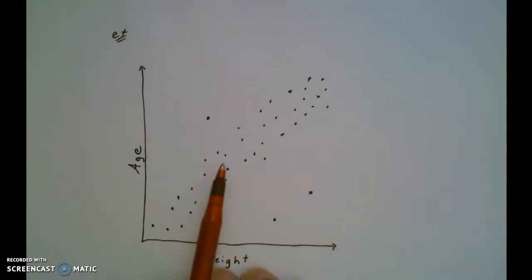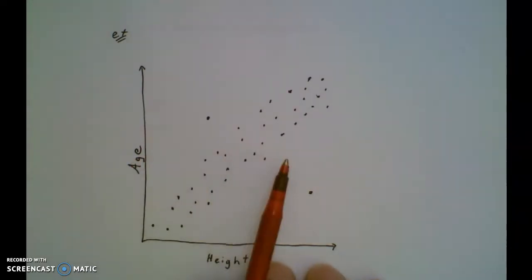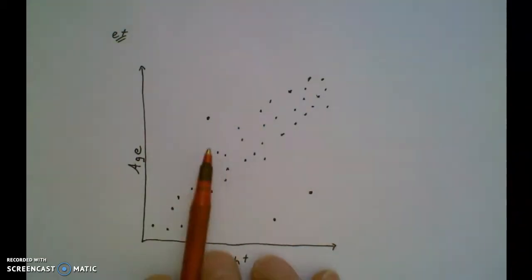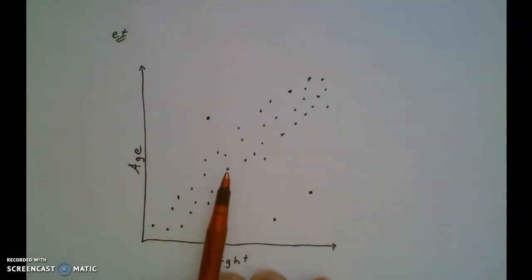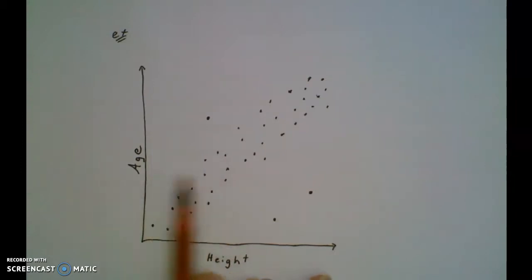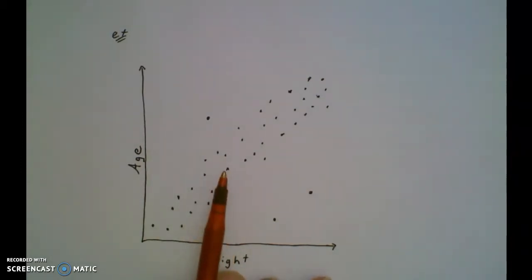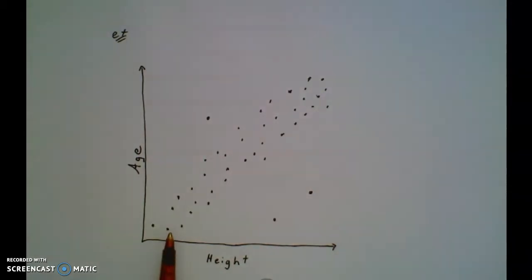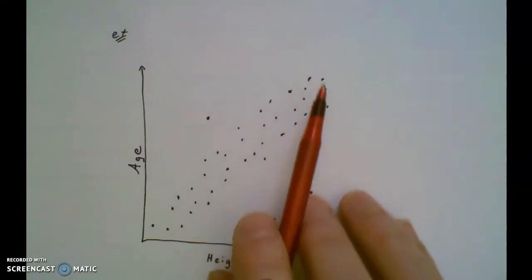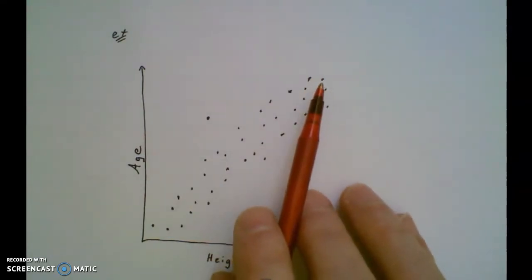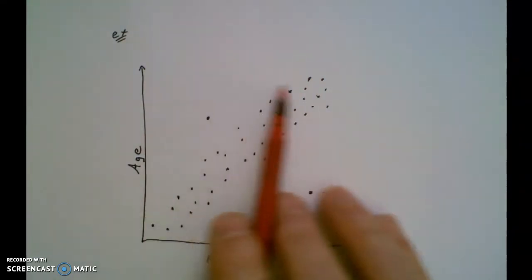So like this person is, in the grand scheme of this whole thing, I don't have actual numbers, but just compared to the rest of the data, they're about medium height and about medium age, right? This person right here is shorter, but they're also younger, right? This person up here is taller and older.